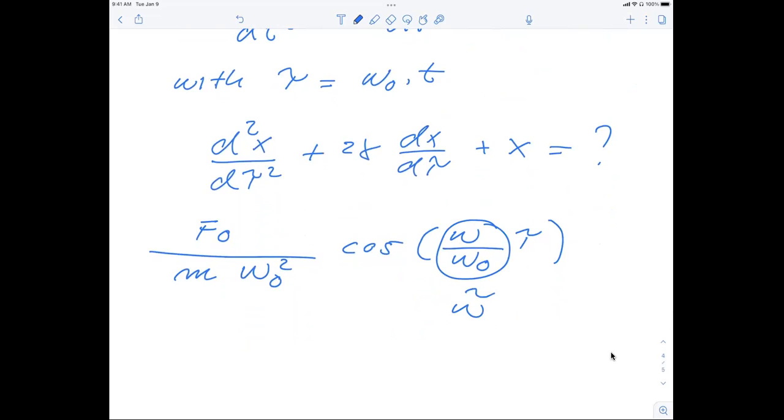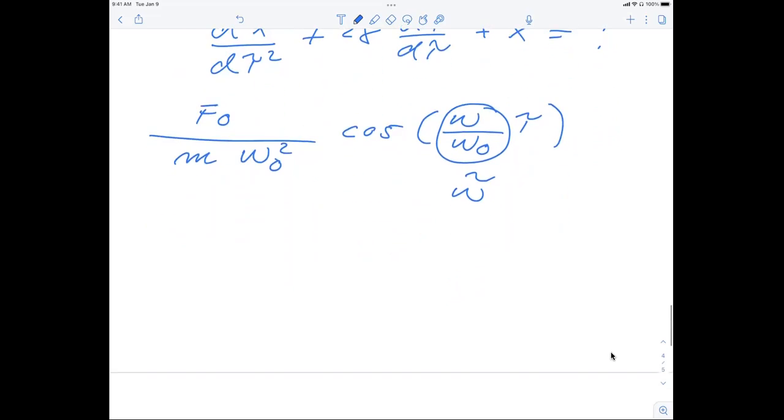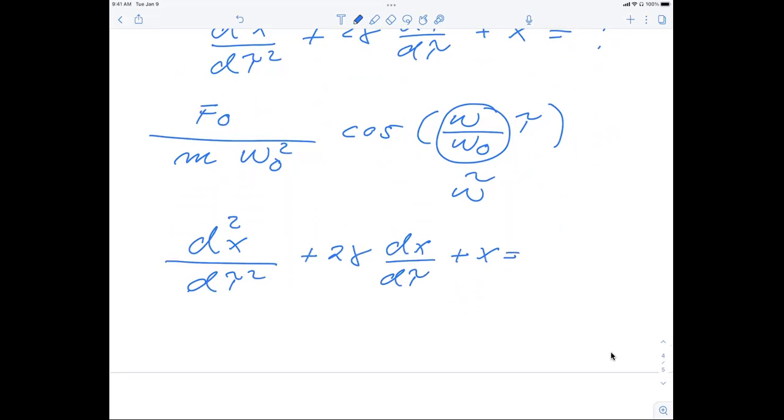So what I'm doing now is to prepare the equations for the analytical studies. The final equation which we're going to study is the second derivative of x, plus this 2 gamma times the first derivative, which is the velocity, plus x. And this is now given by a new term, which I'm going to call f tilde.